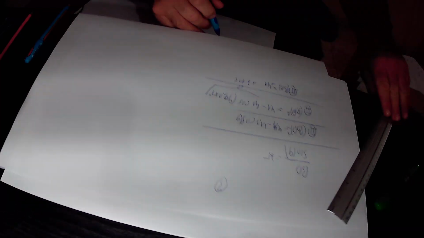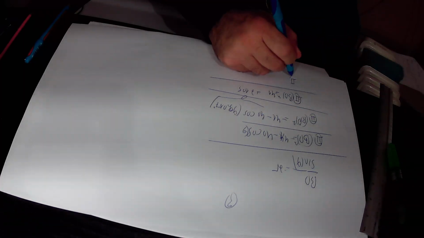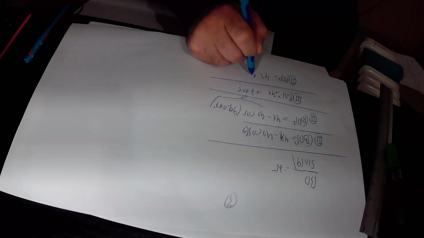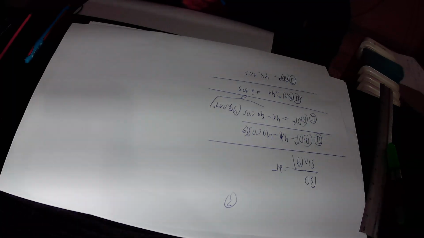So BD square equals 41 plus 2.105, which equals 43.105. So in total we found that BD square equals 43.105.